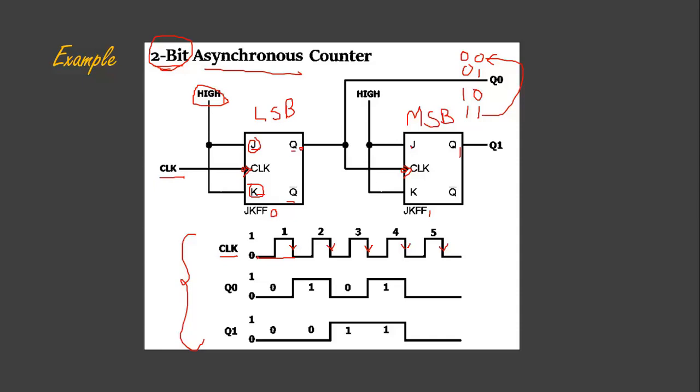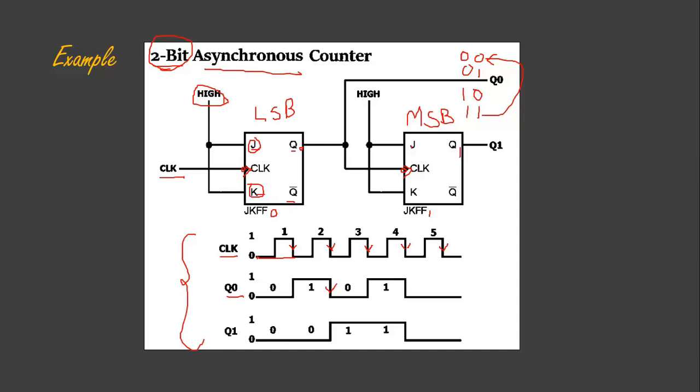The point is the clock input to the second flip-flop is the output of the first flip-flop, and the output of the first flip-flop is this one. This is also a negative edge triggered flip-flop. But this second flip-flop, the MSB flip-flop, will only toggle when I get a negative edge in the output of the LSB flip-flop, like here.